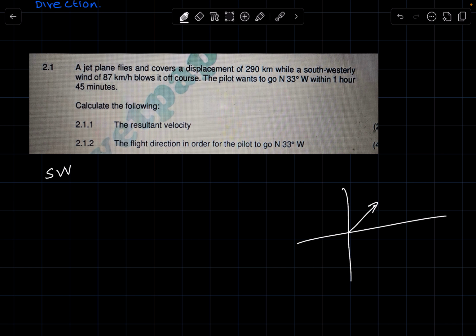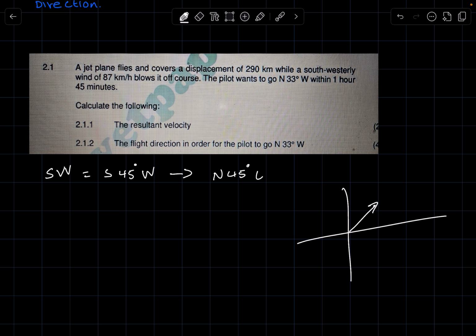So southwest is the same as south 45 degrees west. But remember, we perceive this as coming from this direction, so it means it is headed in a direction opposite the one that's given. Opposite of south is north, 45 degrees.